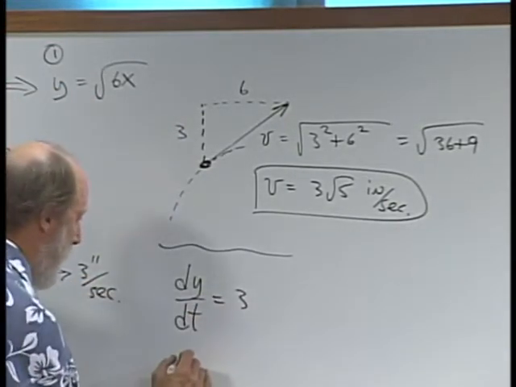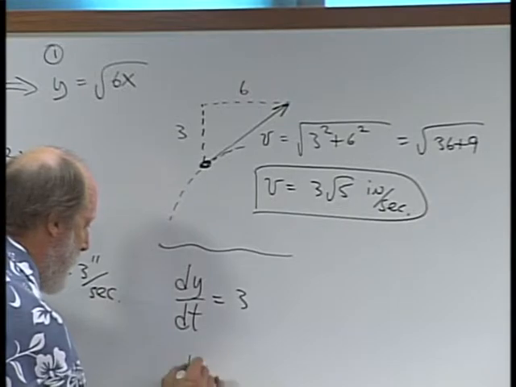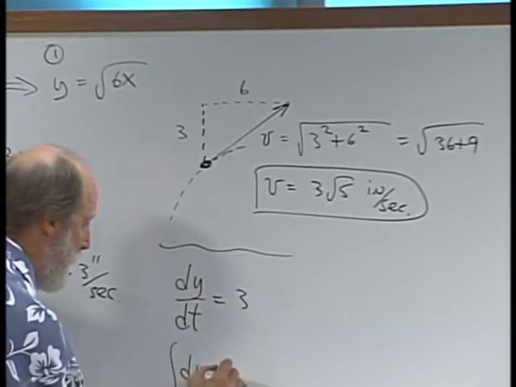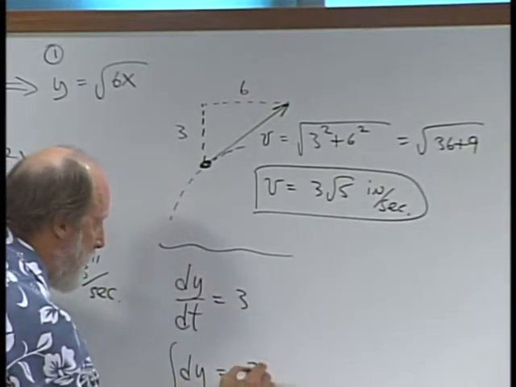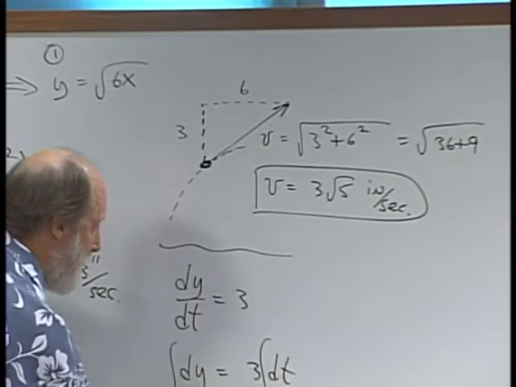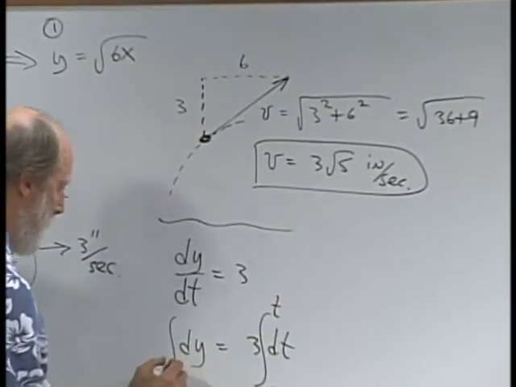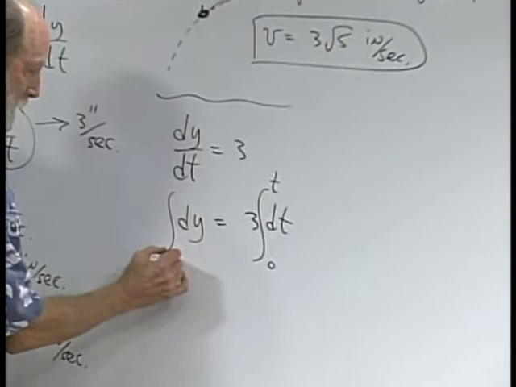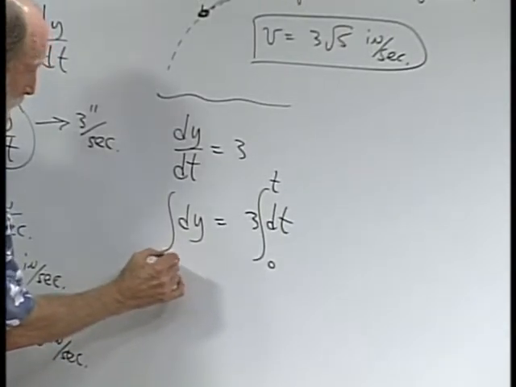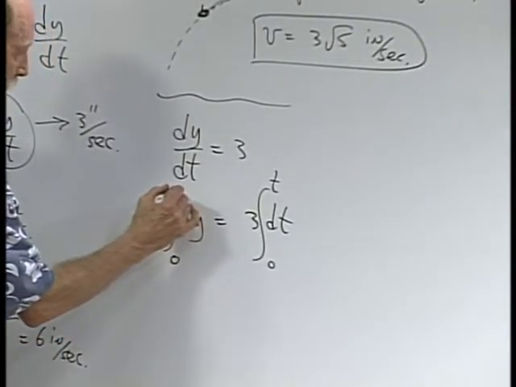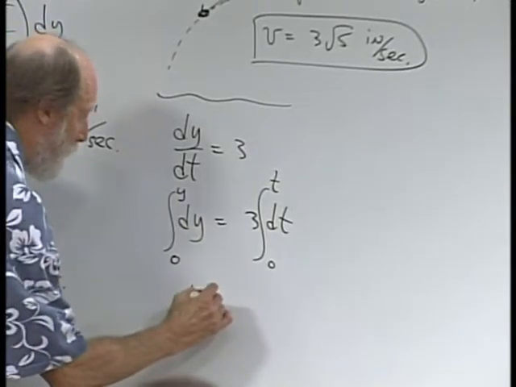I integrated that over time. Note that based on the diagram, the initial position of the pin is 0, so that at t equals 0, y equals 0. So you got y equals 3t.